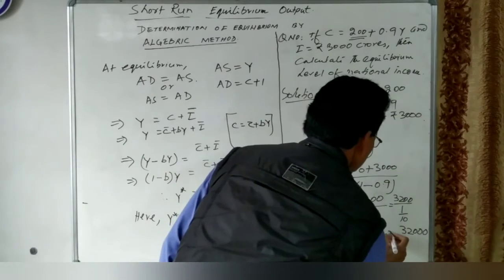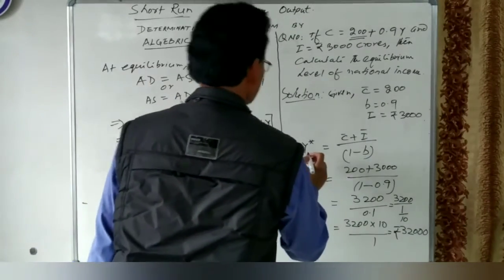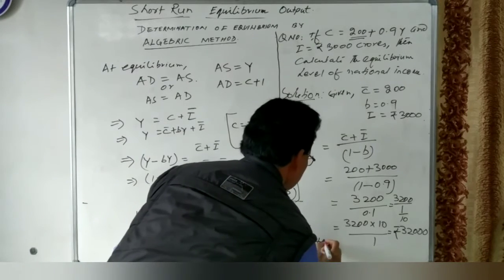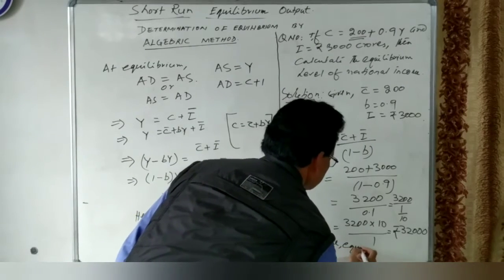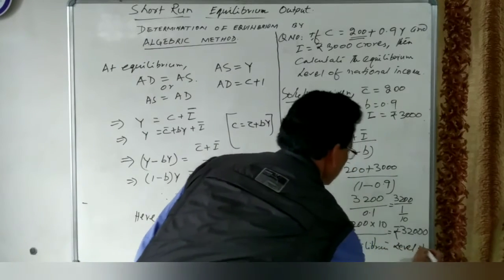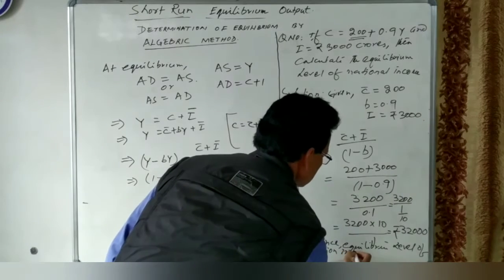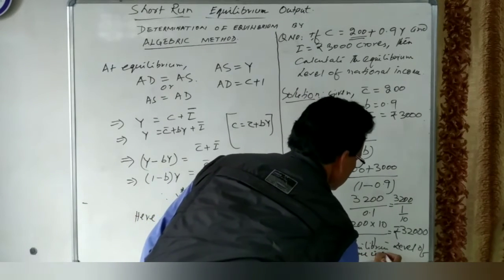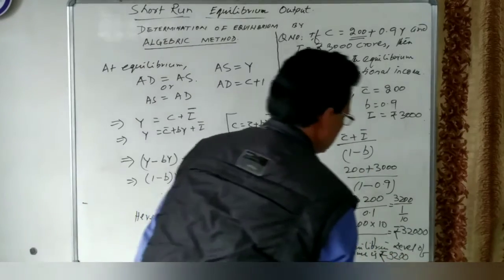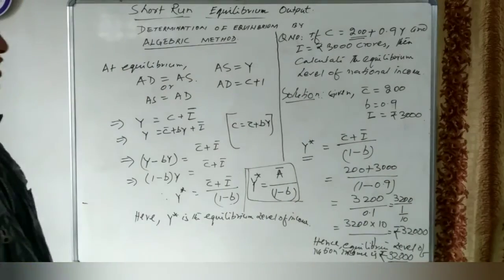So 32,000 rupees is the national income. Hence the equilibrium level of national income is rupees 32,000.